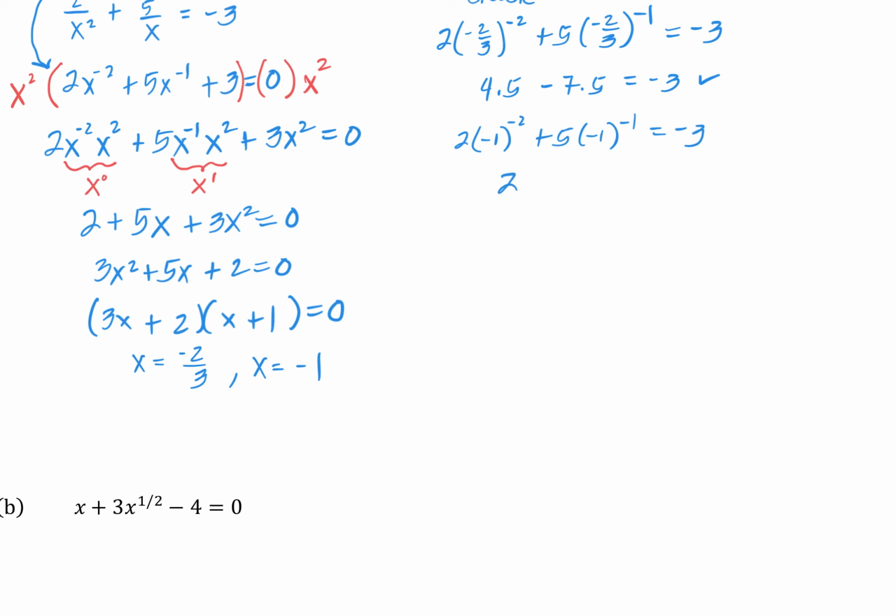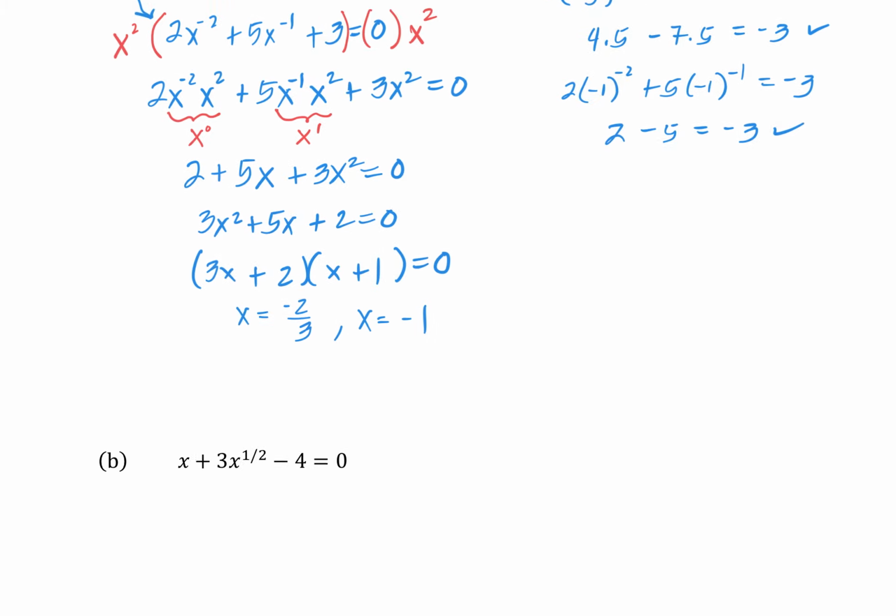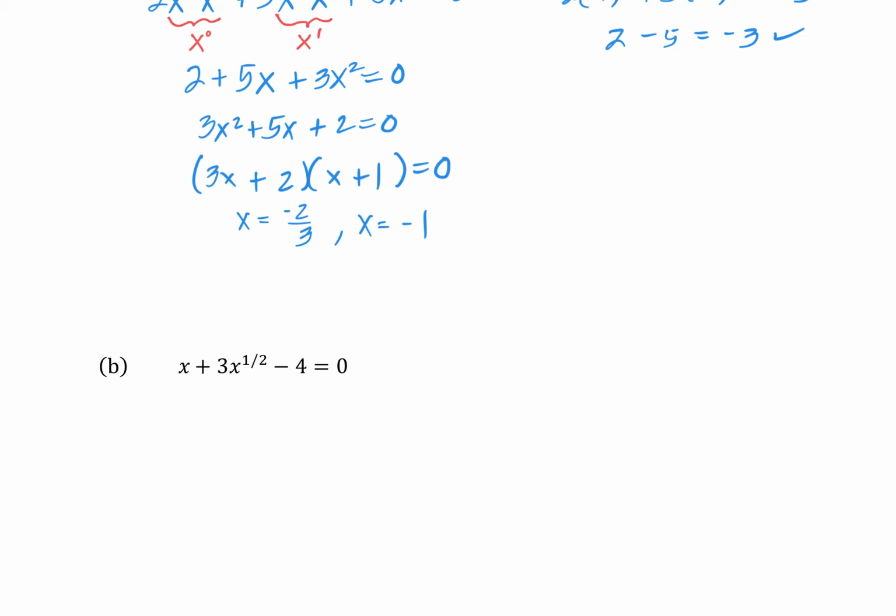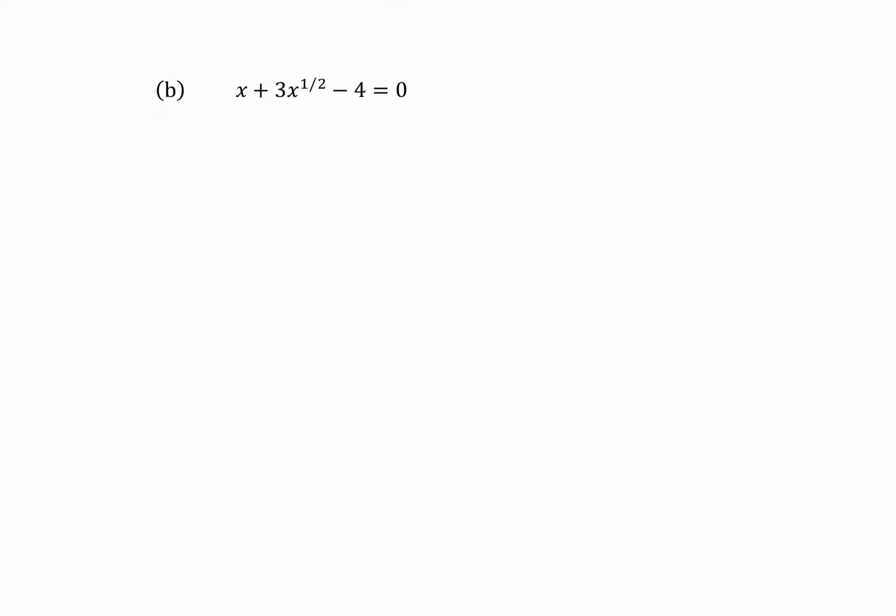And then here, this would be a minus 5. Again, you could just put this in a calculator, and that checks out. That'll be negative 3 equal to negative 3. So in this case, both of the solutions work out, which is awesome.